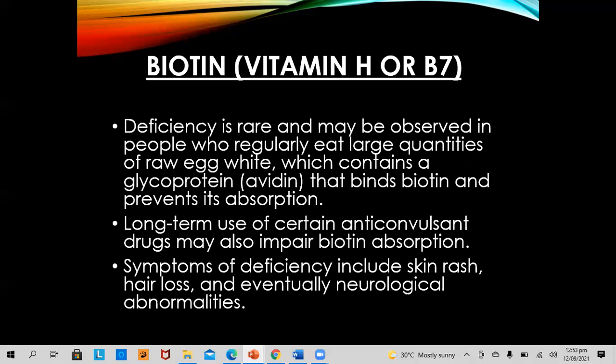Long-term use of certain anticonvulsant drugs may also impair biotin absorption. Symptoms of deficiency include skin rash, hair loss, and eventually neurological abnormalities. So as is written in the slide, the deficiency of biotin is rare, but it is quite fashionable to prescribe biotin to people who are suffering from hair loss.